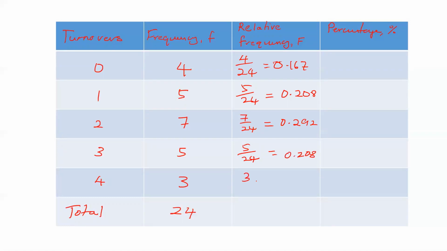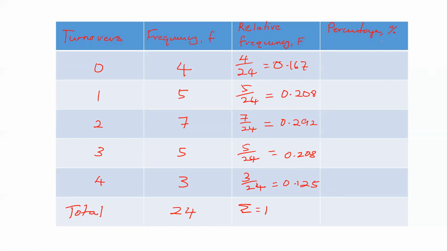And 3 over 24 is 0.125. As you see, the sum of the relative frequencies is 1.